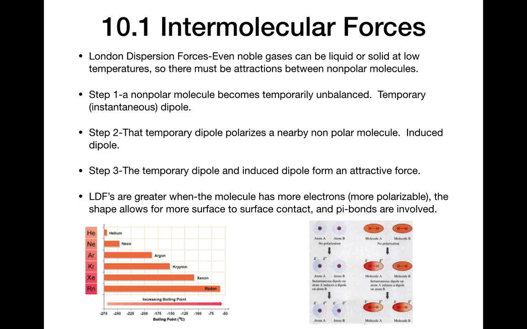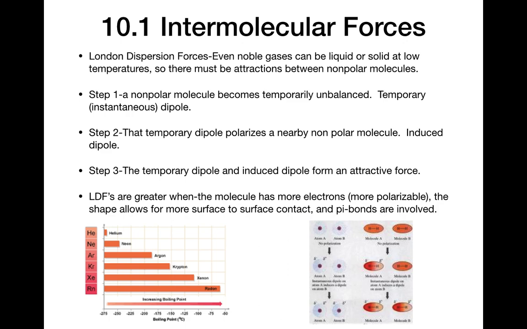We call this an instantaneous dipole. Then that temporary dipole is going to polarize a nearby nonpolar molecule, creating an induced dipole. And then step 3 is that the temporary dipole and the induced dipole will have an attractive force.